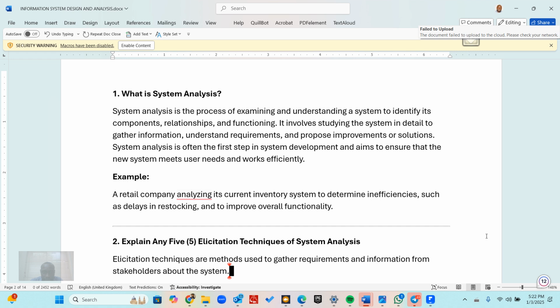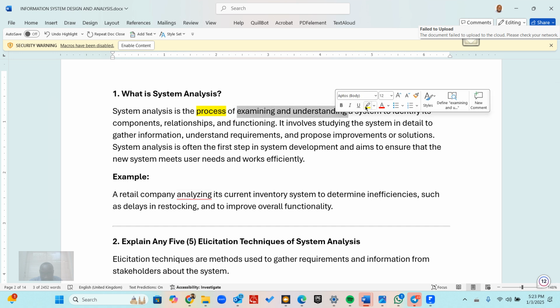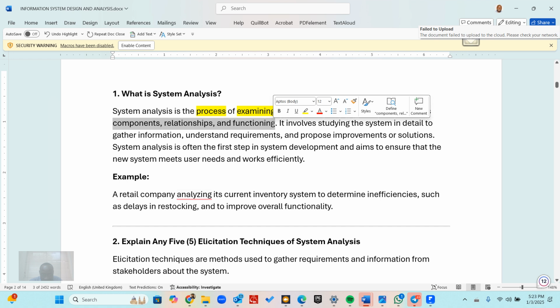Now, the keywords here: it's the process of examining and understanding a system to identify components, relationship, and functioning. So the keywords here should be, system analysis is the process of examining and understanding a system in order to identify its components.